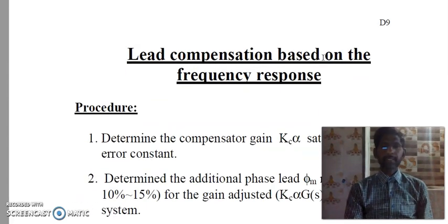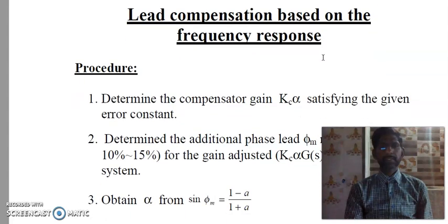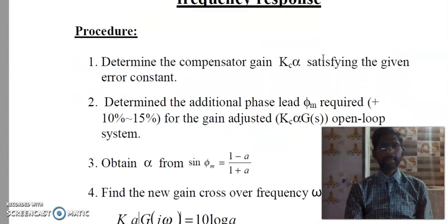Lead compensation based on frequency response. The procedure is: determine the compensator gain Kc alpha satisfying the given error constant. This is the procedure to design compensators for the given specifications.